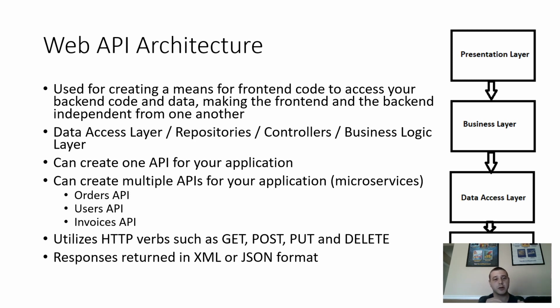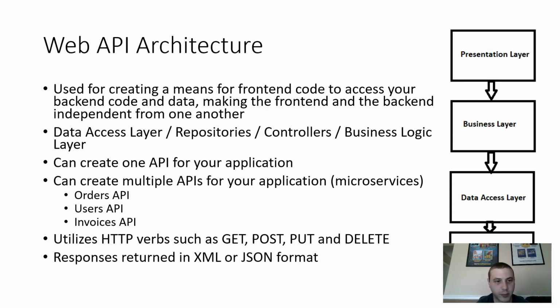For instance, you can have an orders API, users API, invoices API. What this means is each API is its own project, and each project can either hit one database, or they can have their own separate databases. So this architecture gets very complex, but just know that it's there.